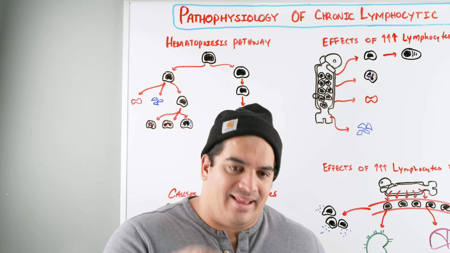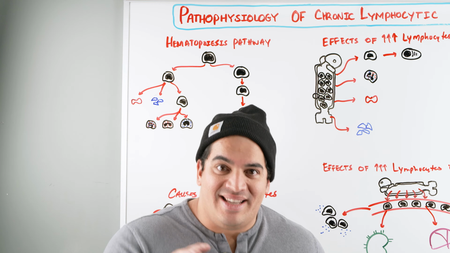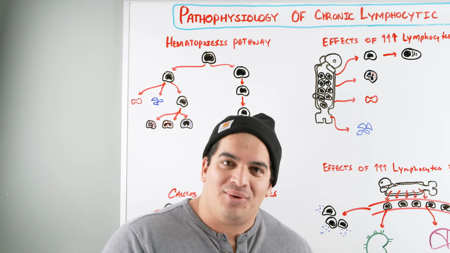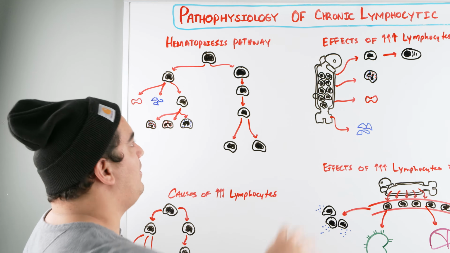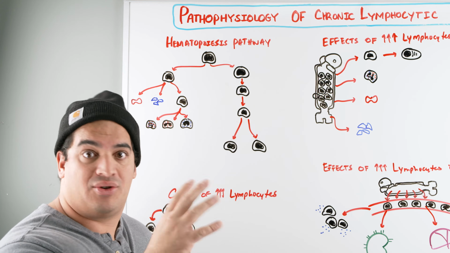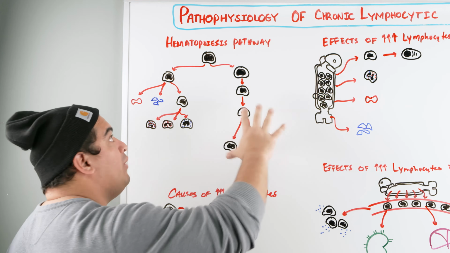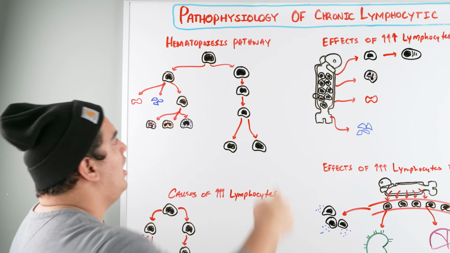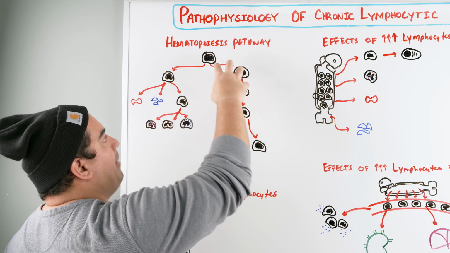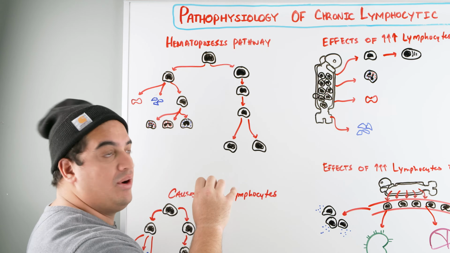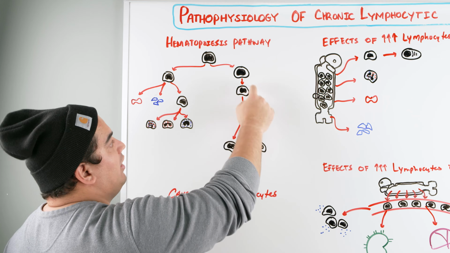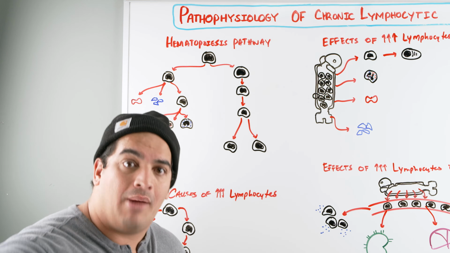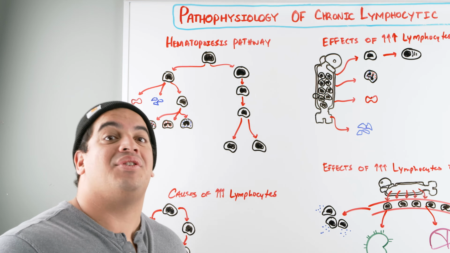But at this point, what you should understand, and the difference really is critical, is between the acute and chronic leukemias. In both of these leukemias, there's an alteration in the hematopoiesis pathway. But one of the big differences is that acute leukemias affect cells really close up towards the actual stem cell component. They affect more of your lymphoblast and your myeloblast, and they were replicating but never differentiating.